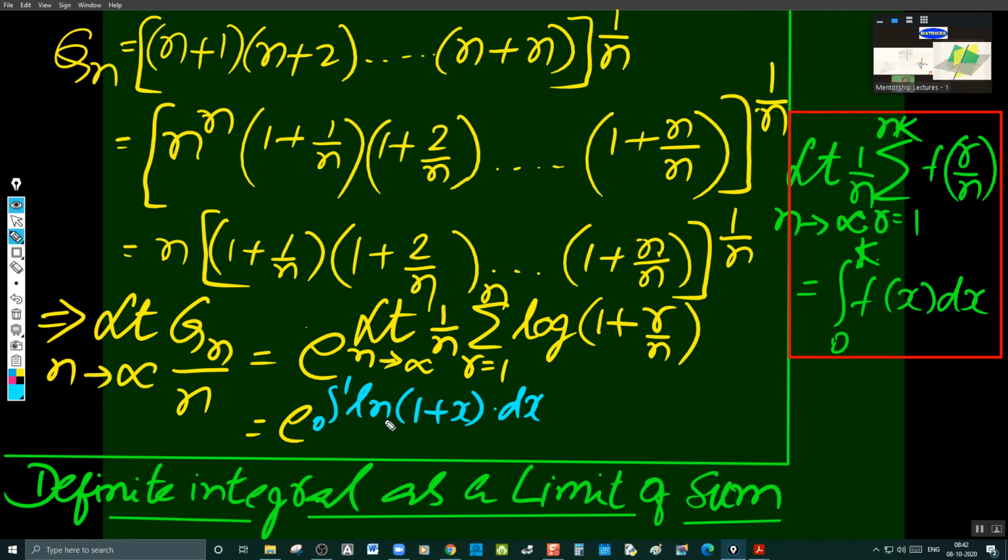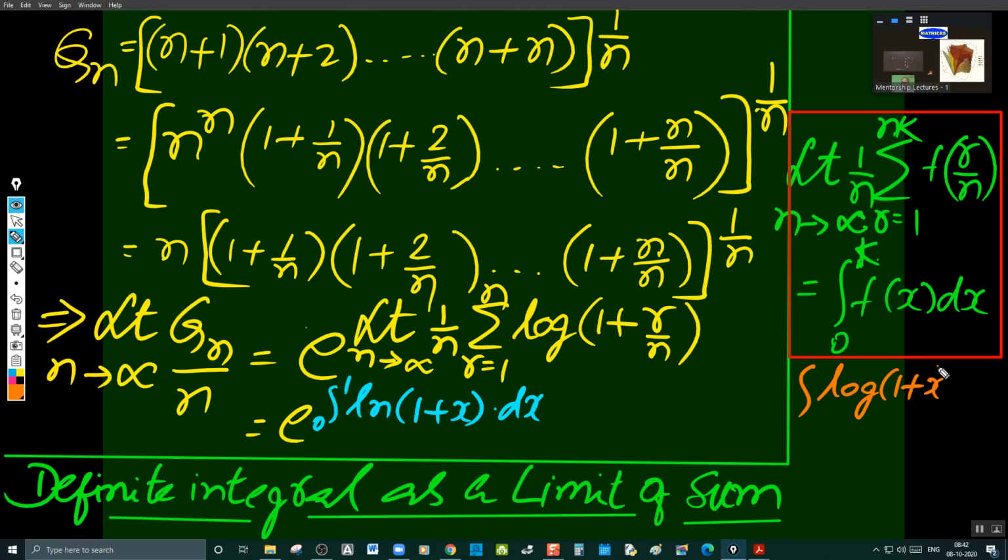Can anyone tell me the integral of log of 1 plus x? Anyone, please? In the class, anyone? Sir, it is x plus 1 into log of x plus 1 minus of x plus 1.